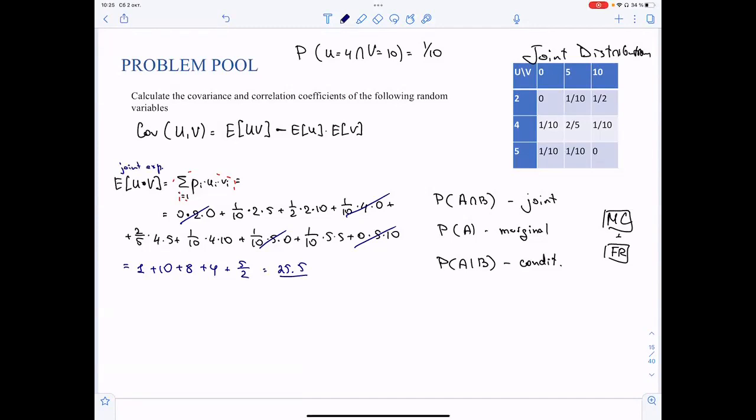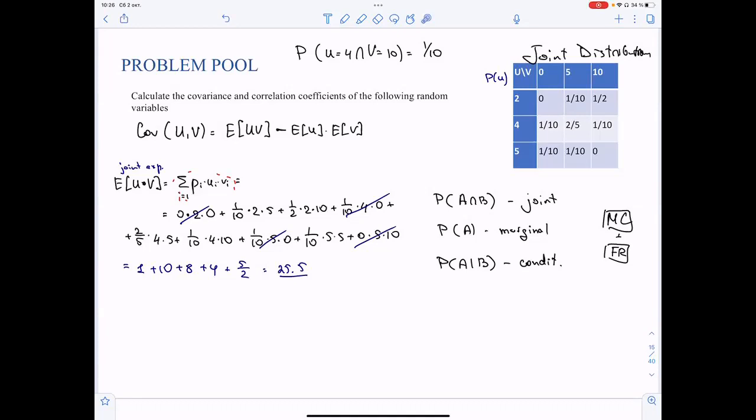Now let's calculate the marginal expectations. In order to calculate the marginal expectations, as you may guess, we need to know the marginal distributions. And the marginal distribution of U could be calculated in a very easy way.